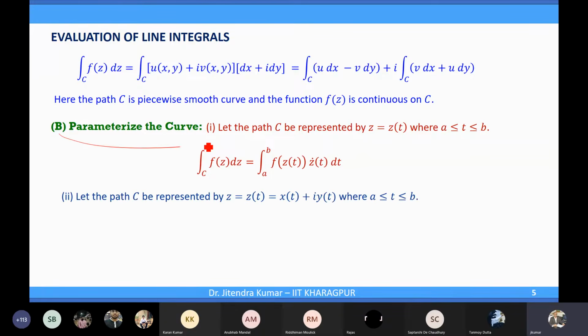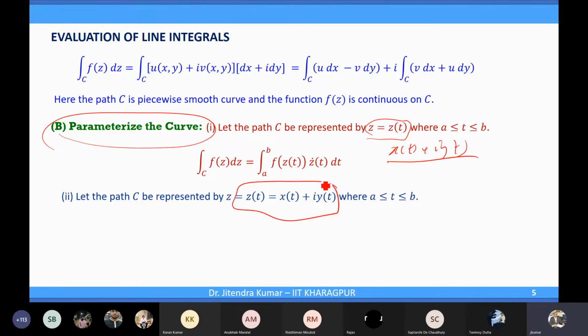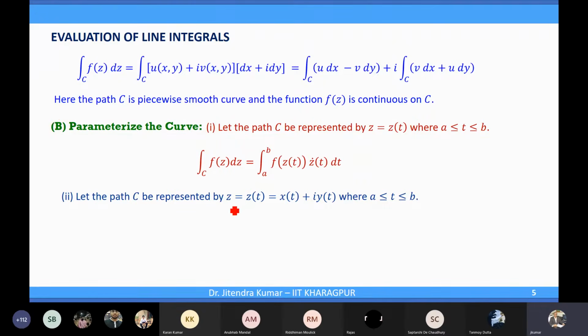Another possibility is that the parameterized form can come in several forms. Either you write z = z(t), meaning x(t) + i y(t), like here. So you may have the parametric form given as x = x(t), y = y(t), and then we have this z. Quite similar to here, but sometimes the real and imaginary parts may not be easy to separate.